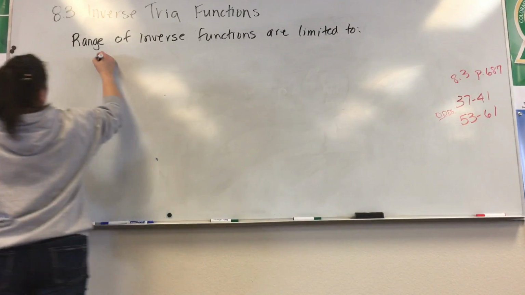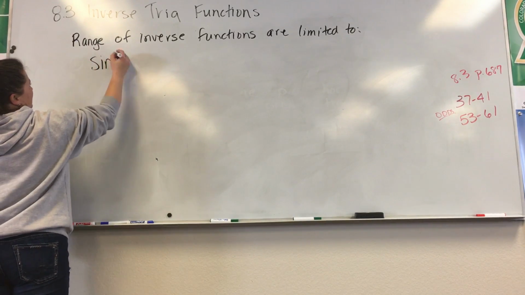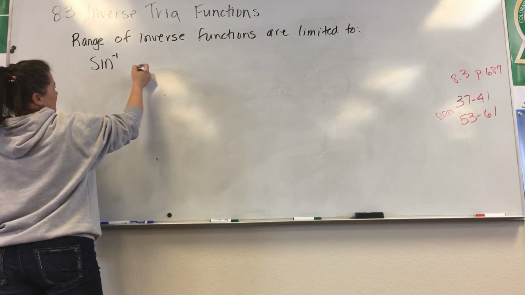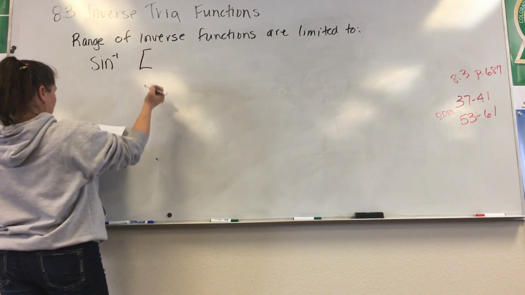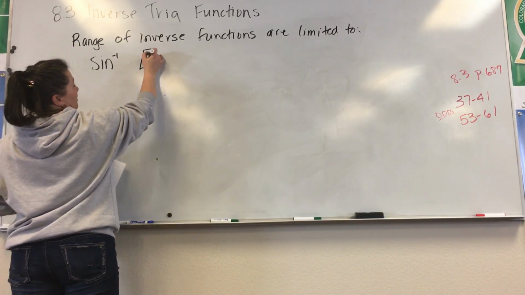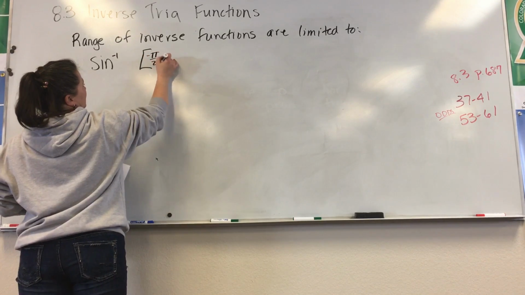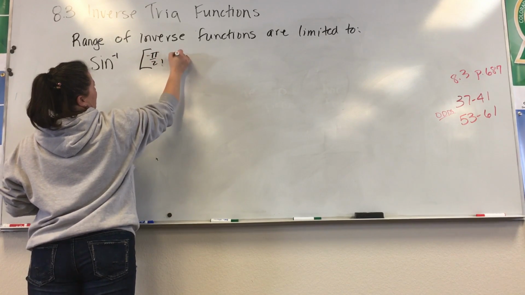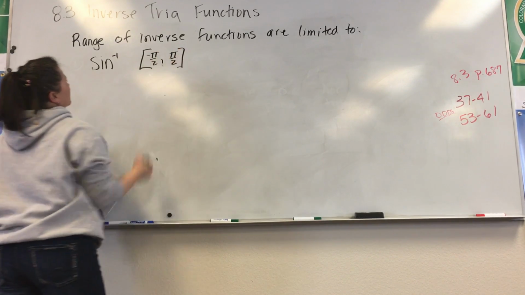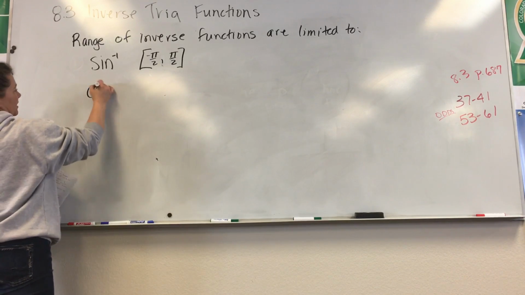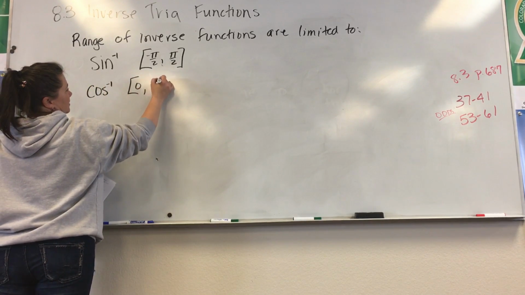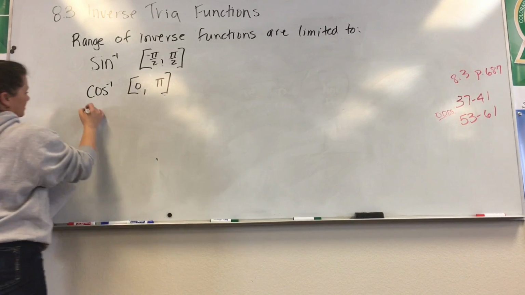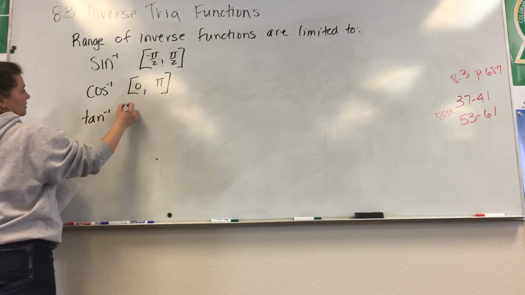We just did the sine inverse: negative pi halves to pi halves. For the inverse cosine, it's 0 to pi. For the inverse tangent, negative pi halves to pi halves.